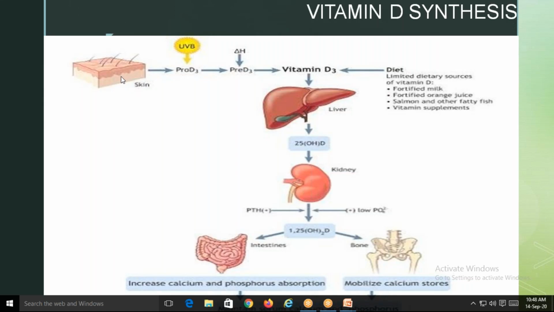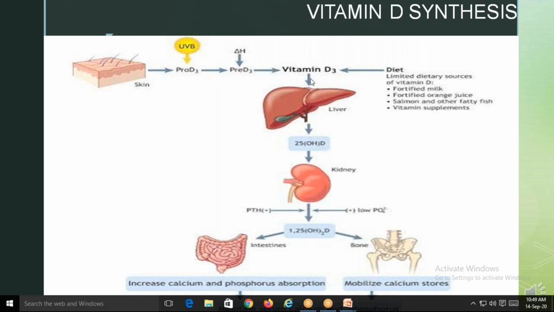If you look at this flowchart, you can clearly understand it. In the skin, under UVB light, pre-pro vitamin D3 gets hydroxylated and released as pre-D3. Vitamin D3 is limited in dietary sources; it mostly arises from sunlight.